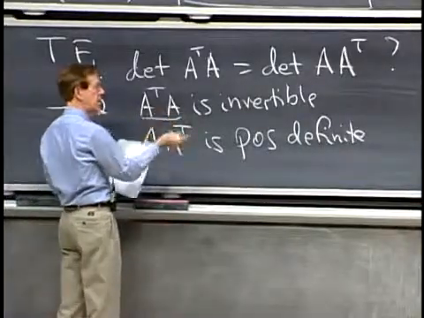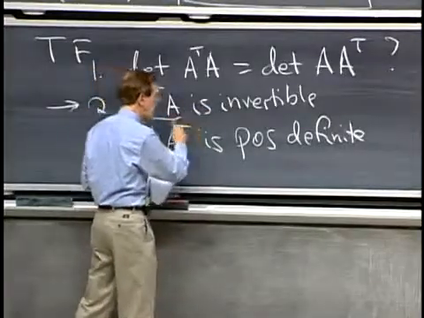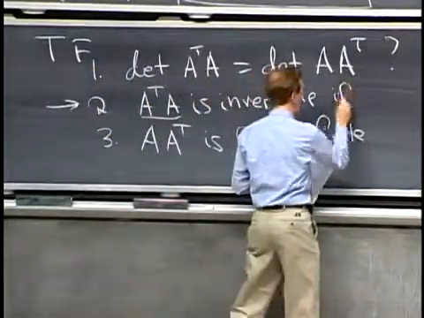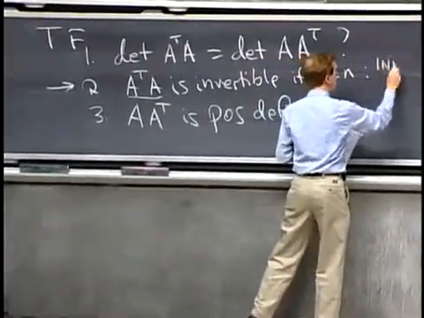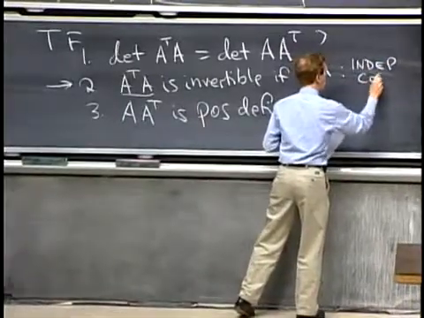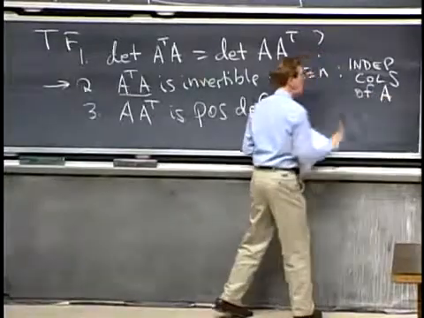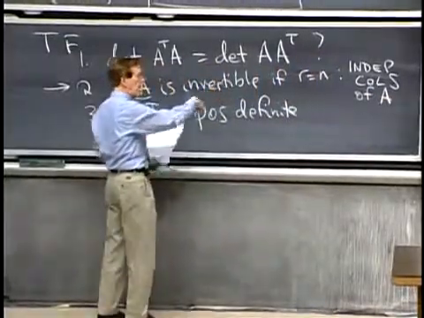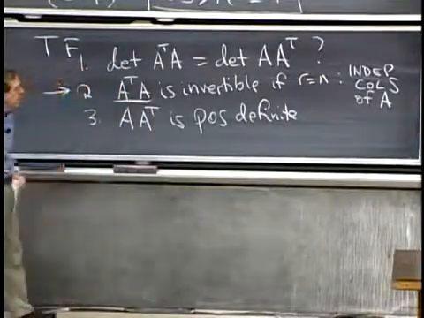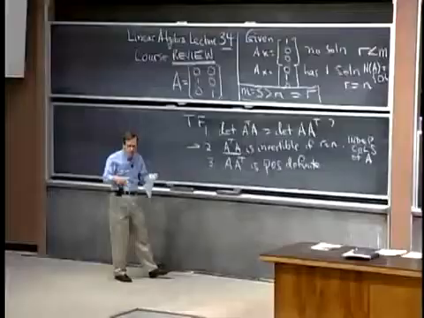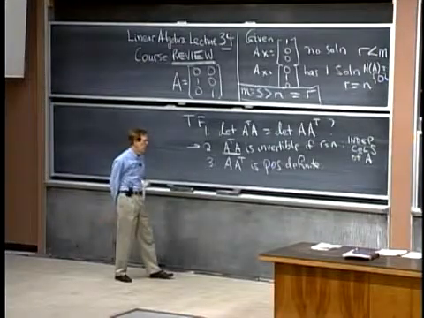But the beauty is, if the null space of A is just the 0 vector, so the key fact is this is invertible if R equals n, by which I mean independent columns of A in the matrix A. If R equals n, if the matrix A has independent columns, then this combination A transpose A is square and still that same null space, only the 0 vector, independent columns, all good.